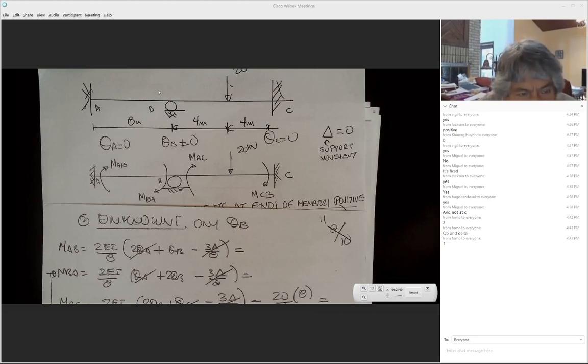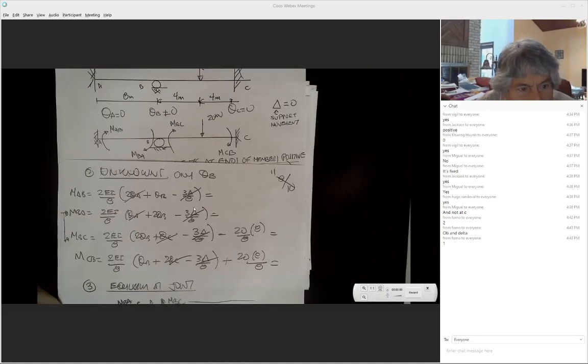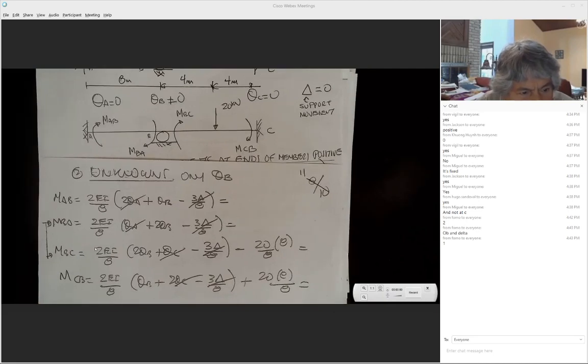Because look, I'm going to write MBA: 2EI over L, only theta A plus 2 theta B minus 3 delta over L, no load.